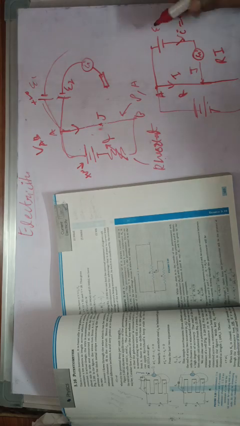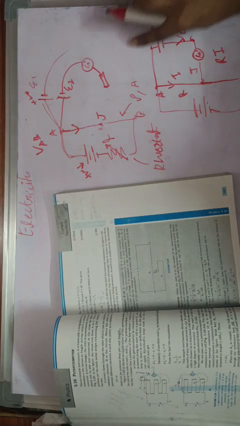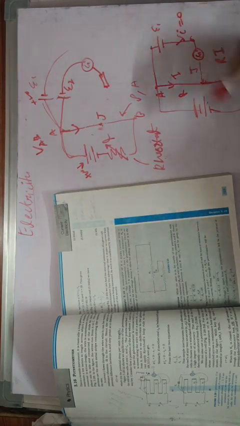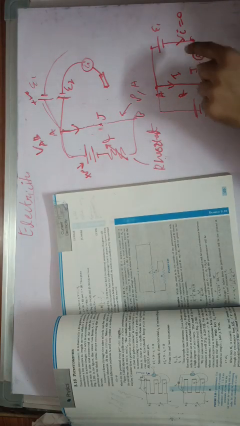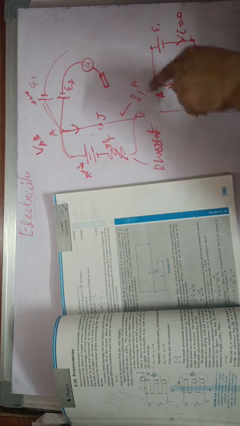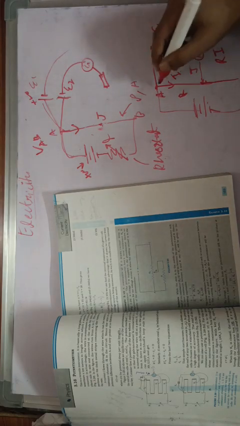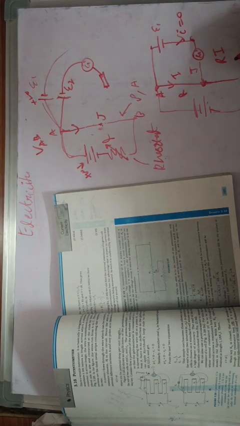Then in this case, since we know that the potential difference across the cell, which is V_A minus V_G, would be equal to the EMF of the cell when there is no current flowing through this cell. Since there is no current flowing through the cell, the potential difference across this resistor would be equal to this R I.